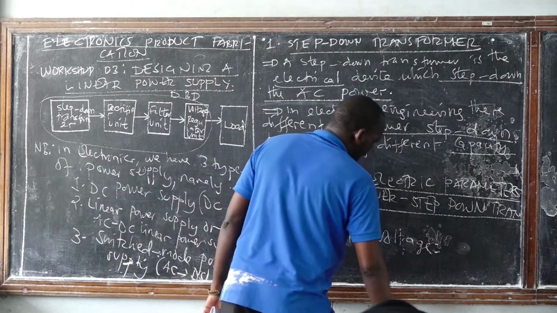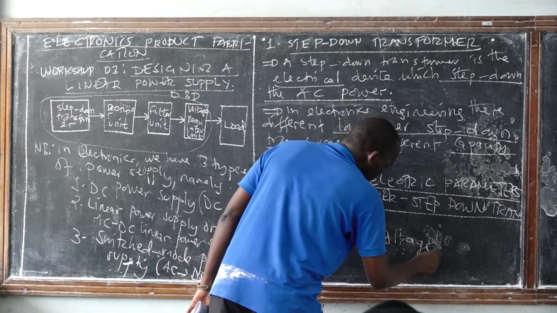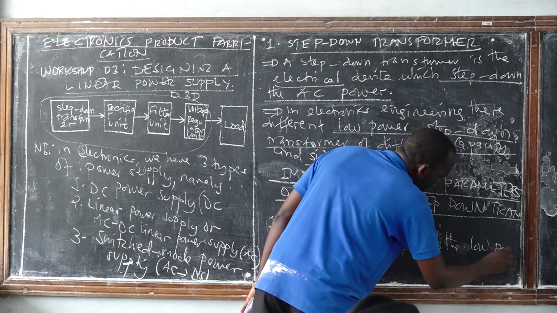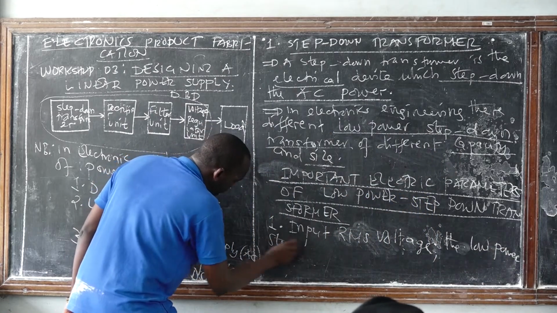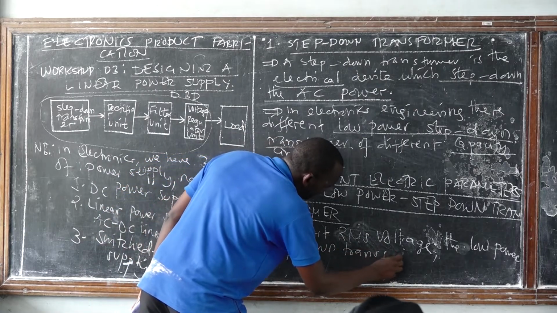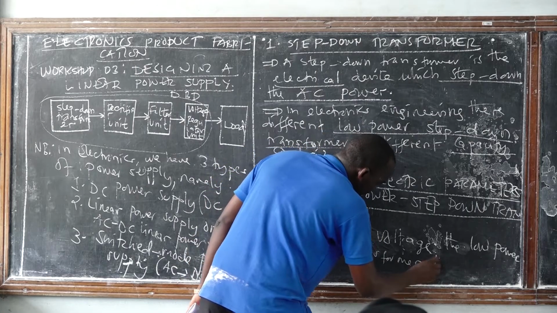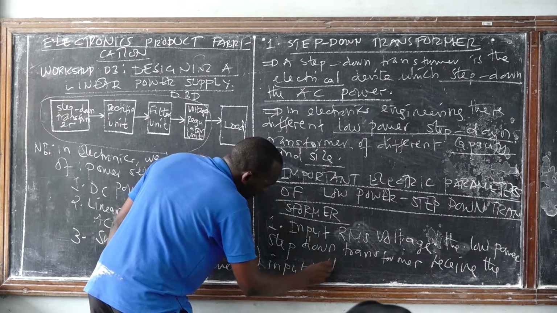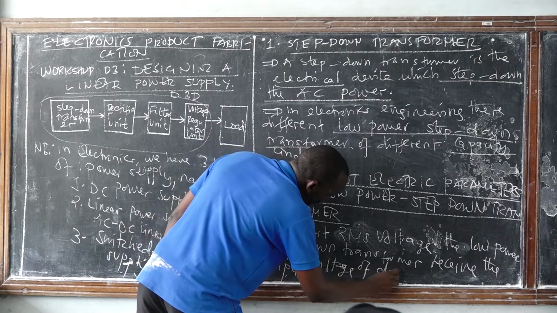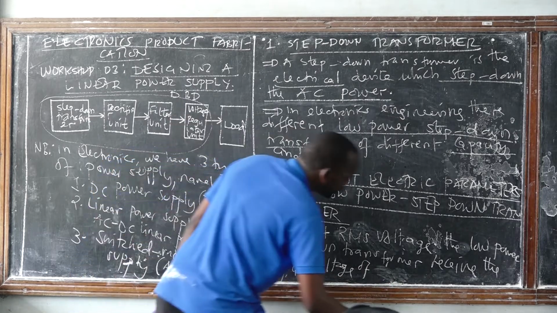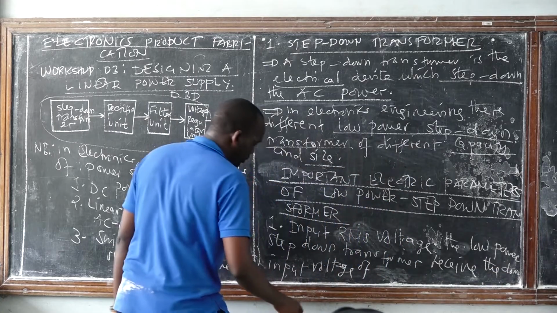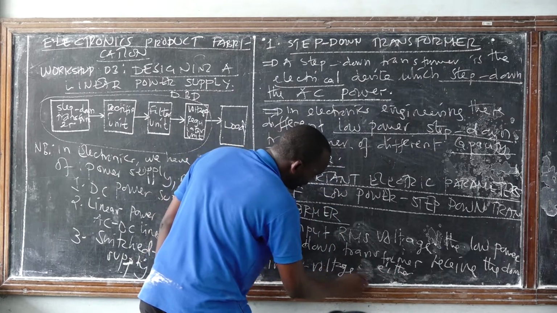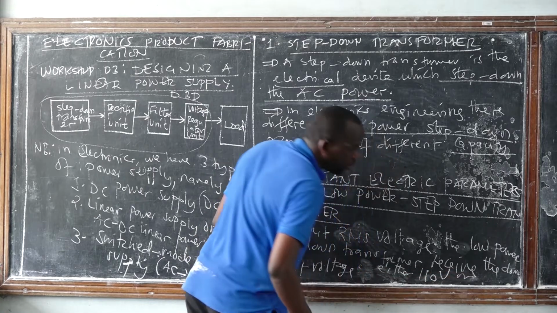The low power step down transformer receives a domestic input voltage of either 110 volt or 220 volt to 240 volt.